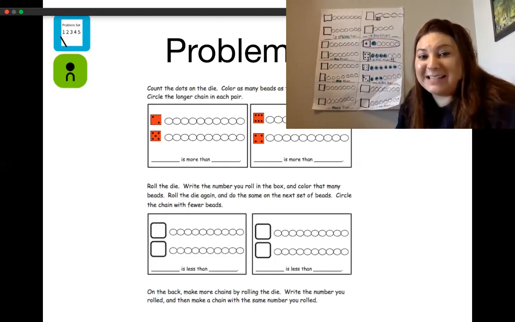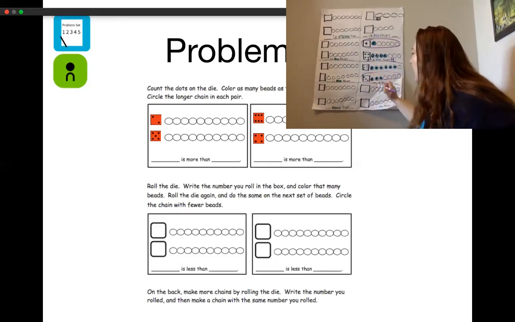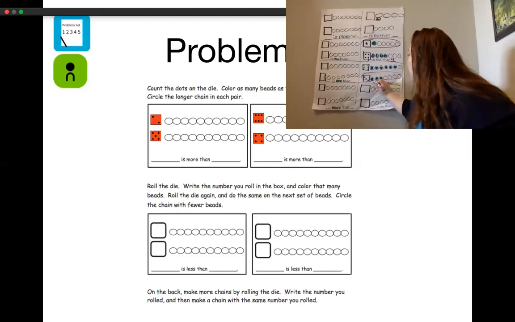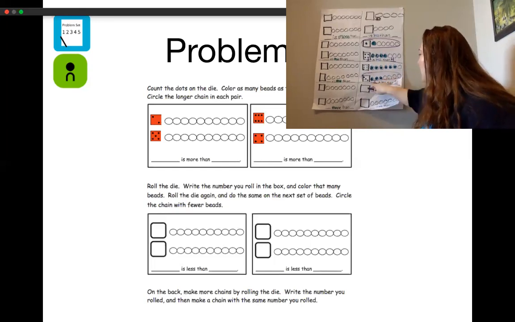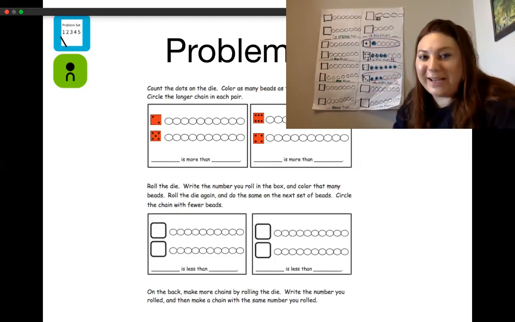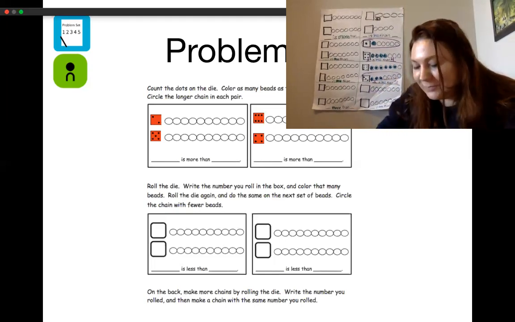The 3 has less. So I'm going to circle the 3, and I'm going to fill in my sentence. 3 is less than 6. Great job. Let's play again, rolling my dice.